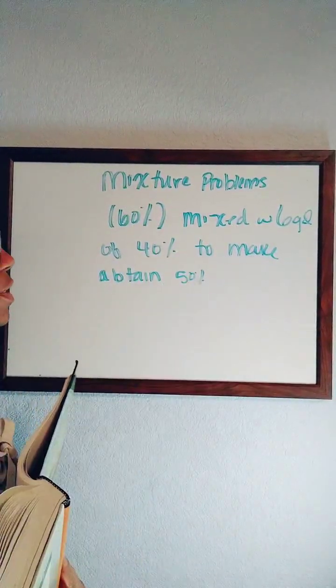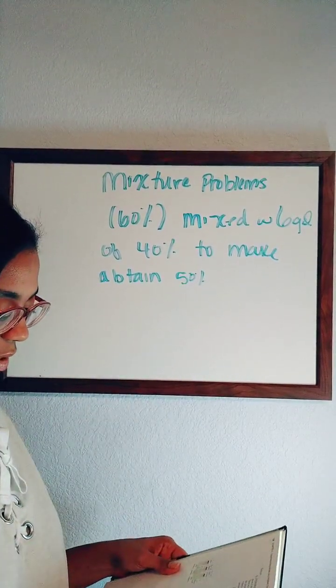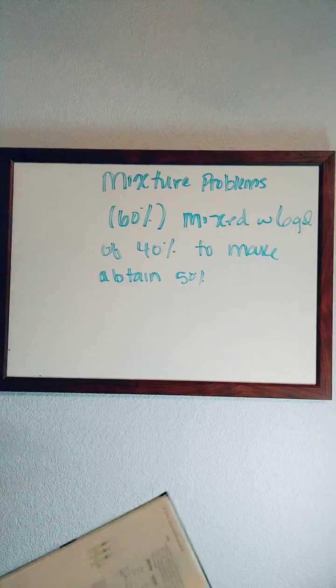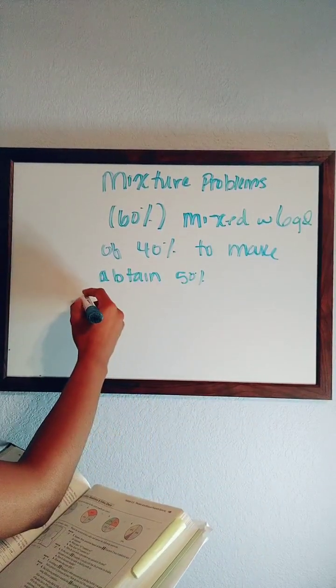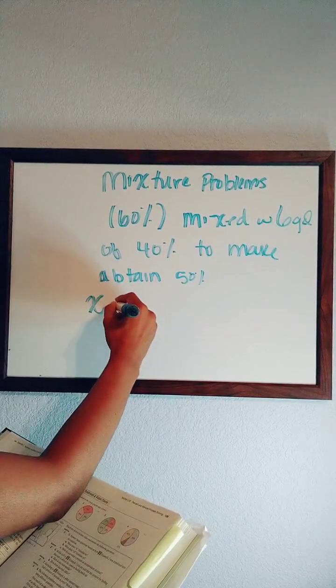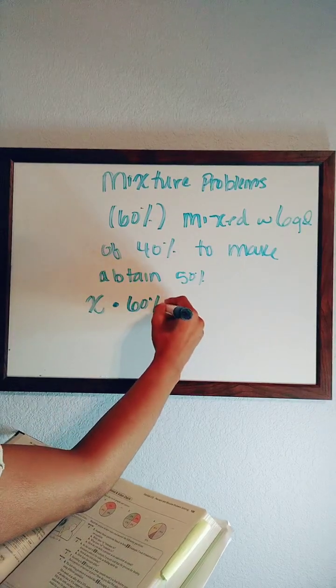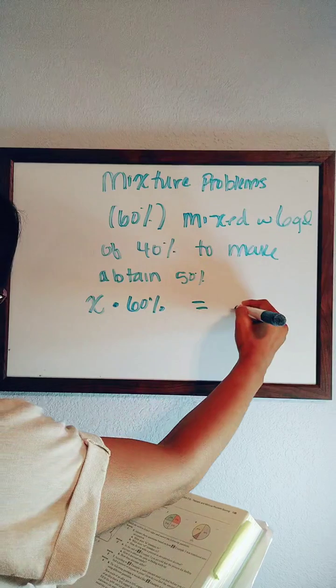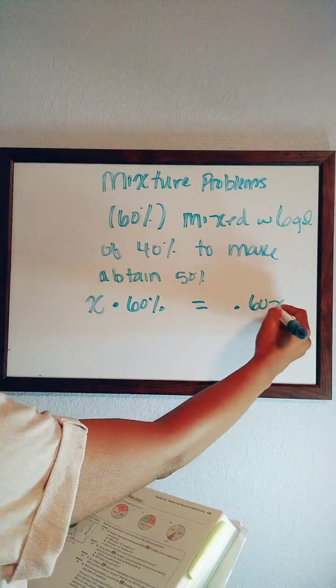So you're doing 60% mixed with 40% to make 50%, right? So we've got x times 60%, equal 0.6x.